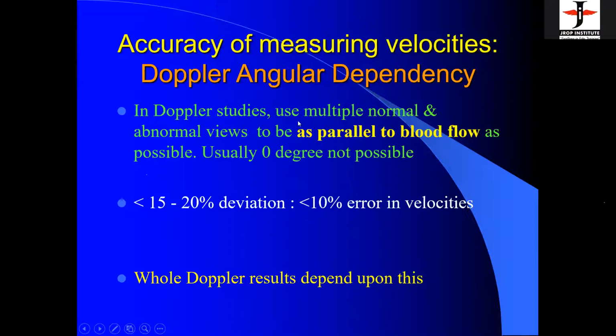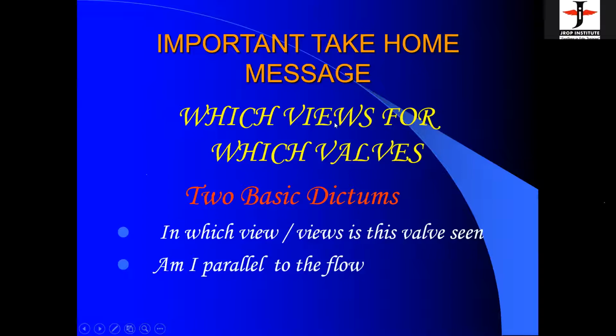And here we can take multiple views. You take wherever you are parallel to the blood flow. So now the important take home message is which view for which valve. Remember two basic dictums. This may not be applicable to you today, but maybe after one or two lectures. In which view or views is this valve seen? That is number one. For example, the tricuspid valve can be seen in the RV inflow view, short axis view, apical view, subcostal view.